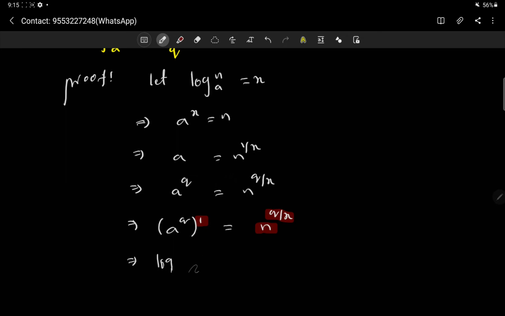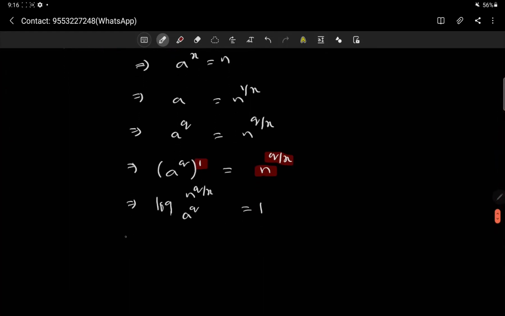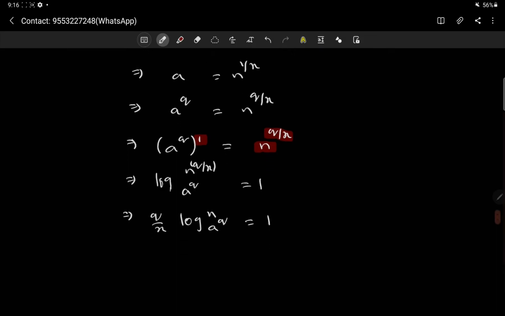Then what you can have is log n power q by x, base a power q, is equal to 1. From here, this q by x we can take out: q by x log n base a power q is equal to 1.